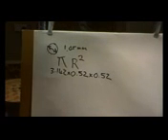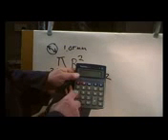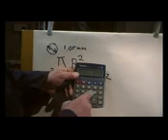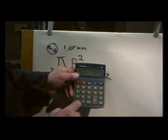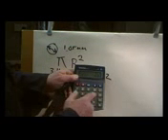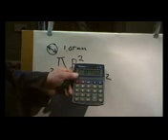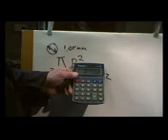So we'll just get the calculator out. Hopefully you can see that. 3.142 multiplied by 0.52 multiplied by 0.52 equals 0.849.